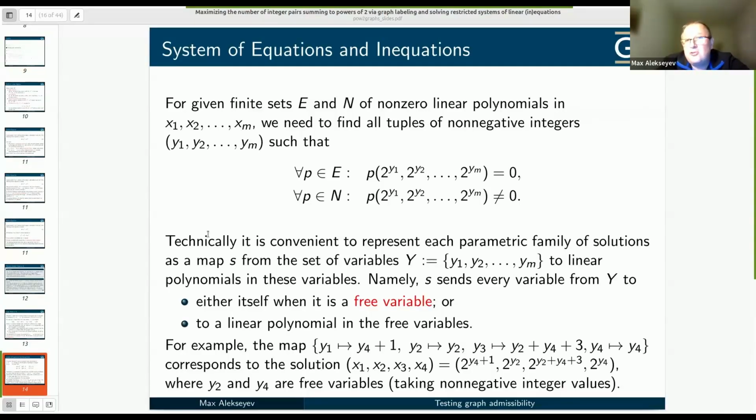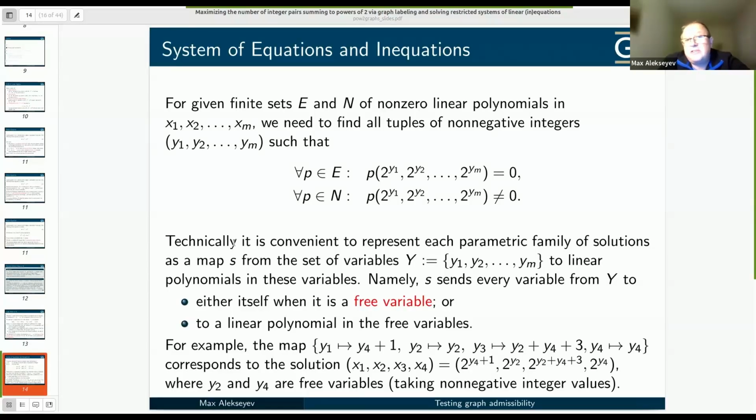And what I want to find are all tuples of non-negative integers y1, y2, and so on, ym, such that if I evaluate a polynomial that comes from set E, I must have 0, and if I evaluate a polynomial that comes from set N, I must have non-zero.